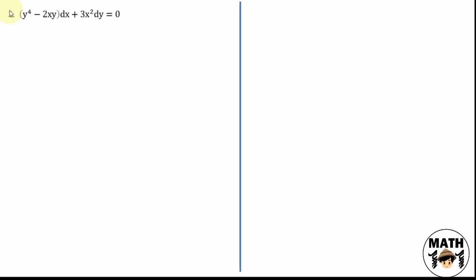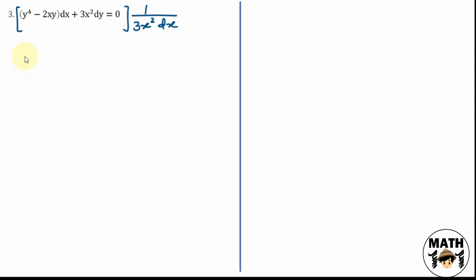Problem number 3, quantity y to the fourth minus 2xy dx plus 3x squared dy equals 0. I-write natin to such that maisusulat natin siya in a standard form ng Bernoulli differential equation. Divide natin yung buong equation by dx and 3x squared.